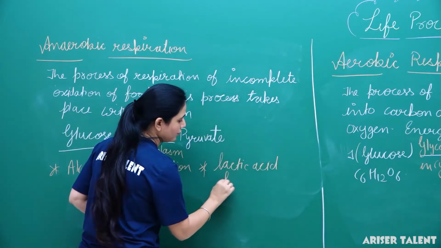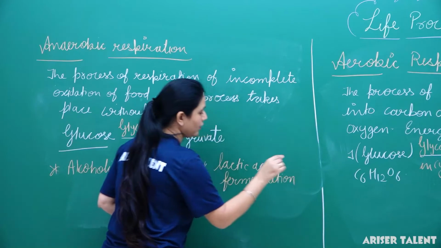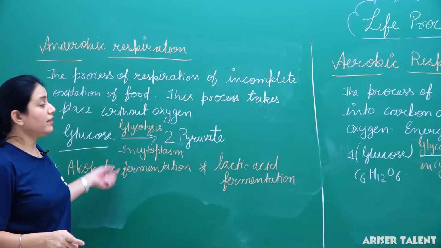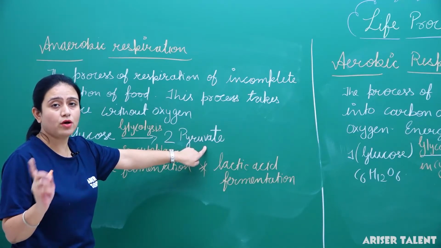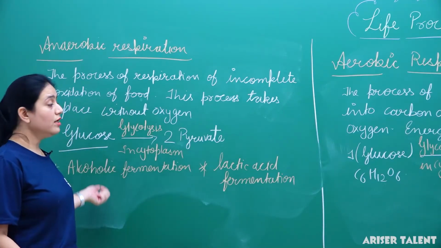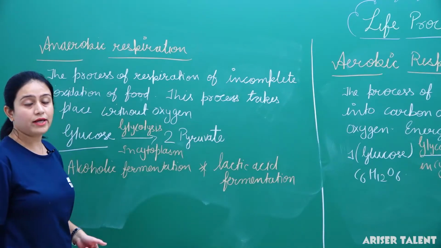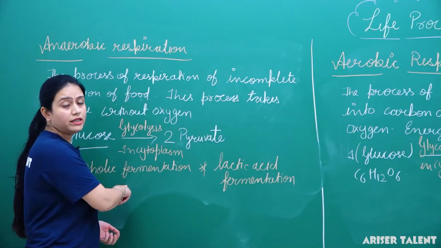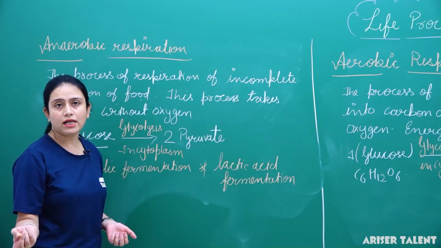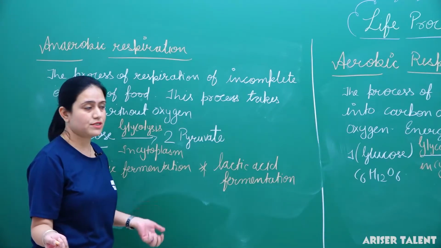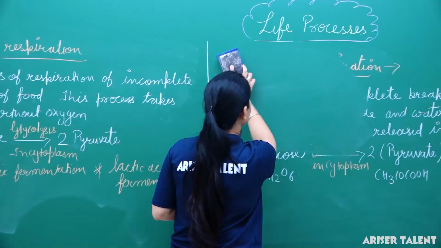As anaerobic respiration does not require oxygen, once glucose is broken down into 2 molecules of pyruvate, in alcoholic fermentation it will convert into ethyl alcohol because oxygen is absent here. This process is known as alcoholic fermentation.